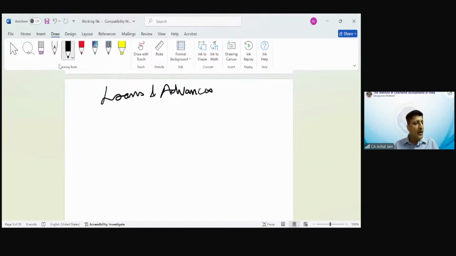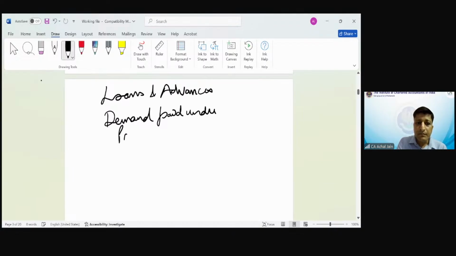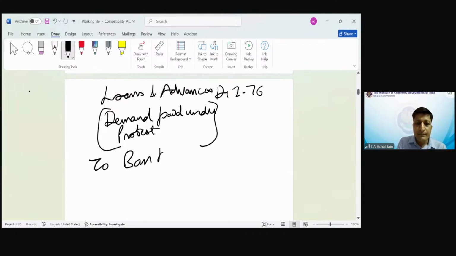So there's a head, loans and advances, under which the company will group this amount. This is a demand paid under protest. This will be debited 2.76 to bank 2.76.